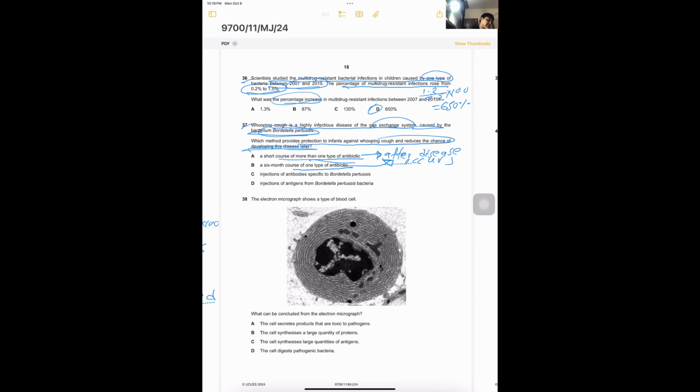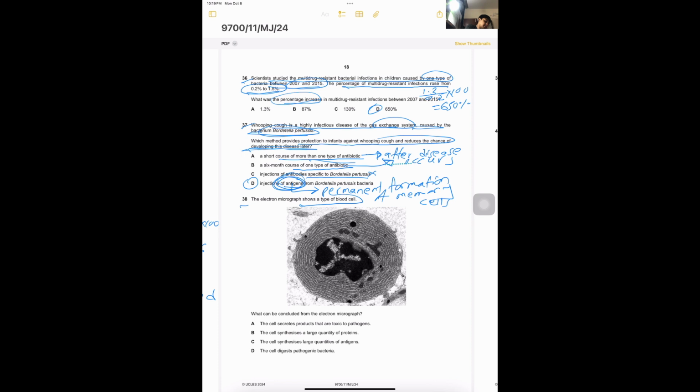Injections of antibodies, not really. Antibodies are not going to be permanent. Antigens would give permanent protection, right? It will allow for the formation of memory cells, so future infections can be prevented.